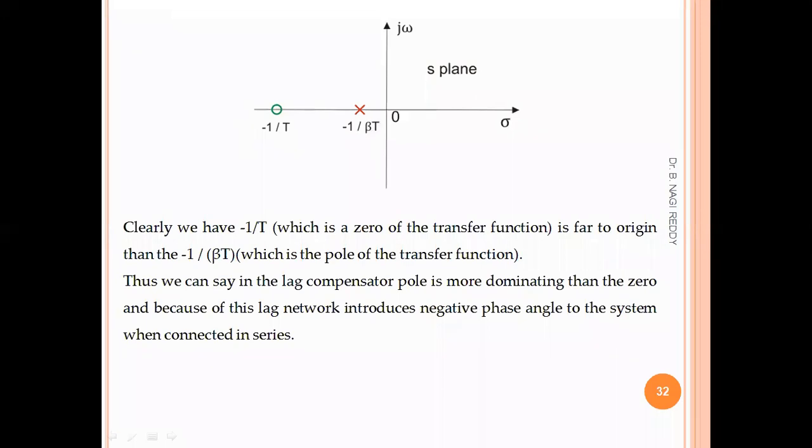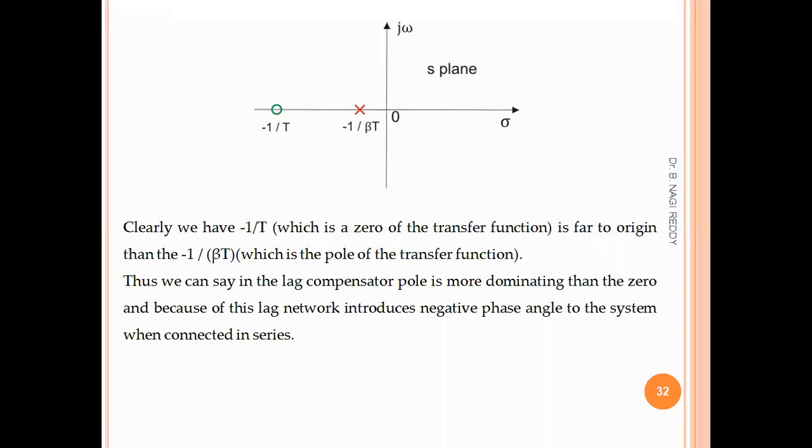Thus, in the lag compensation, the pole is more dominating than the zero, but in the lead compensator, the zero is more dominating than the pole. So lag and lead are opposite. Because of this dominating pole, we will have a negative phase angle in the system when we connect this lag compensator in series.